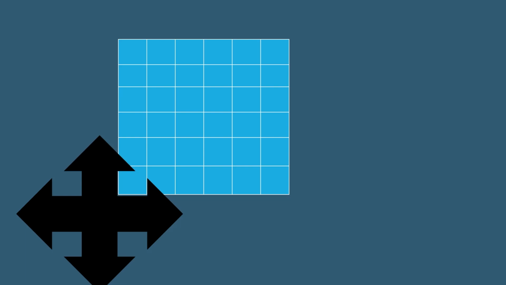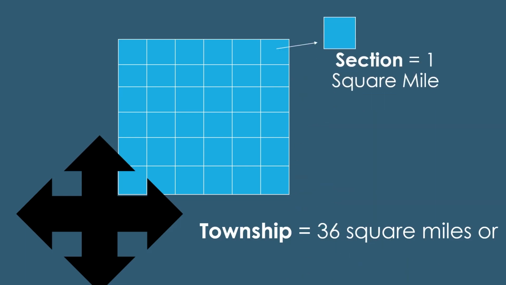And these townships are broken down into 36 sections. So a township is 36 square miles or 6 miles square. What that basically means is it's 6 miles on each side. So that would be 6 miles square, or you have 36 individual squares within a township.